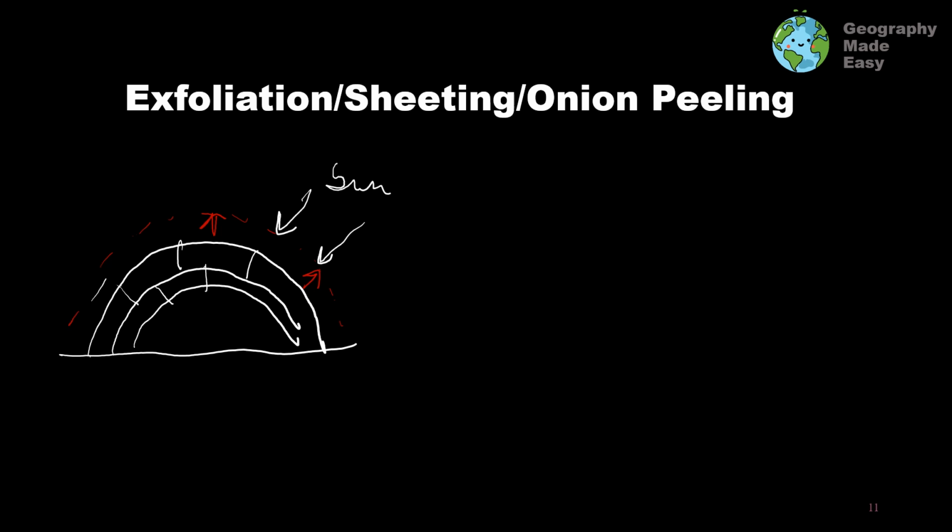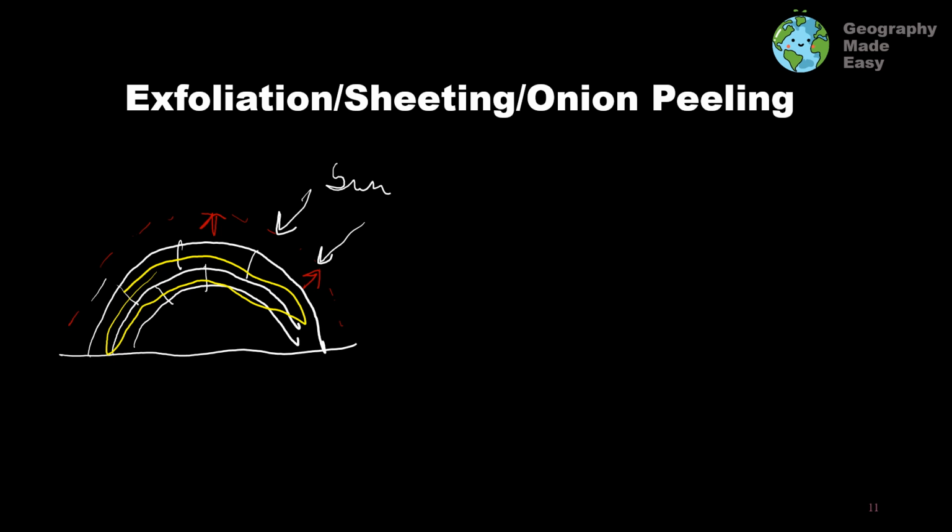So these joints are becoming more and more prominent. When they are becoming more and more prominent, these cracks are developing properly. We see that along these cracks, the sheet of the rock from the surface is slowly getting removed. This is called also sheeting or onion peeling.